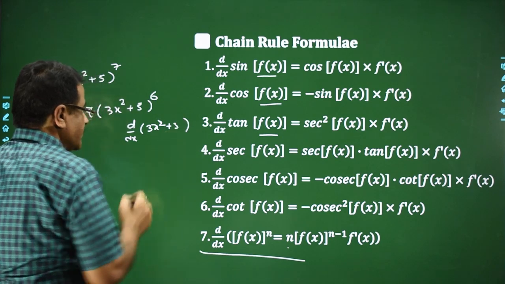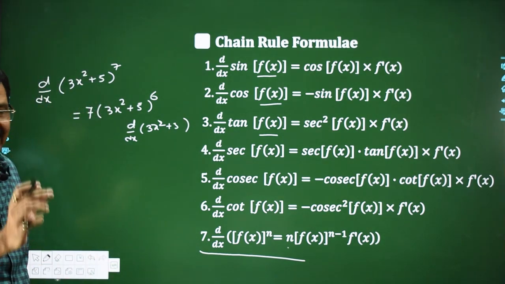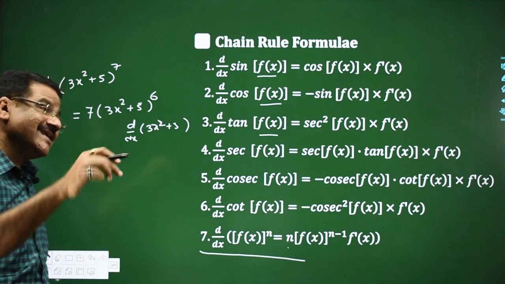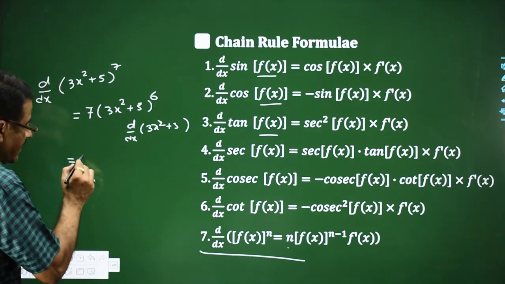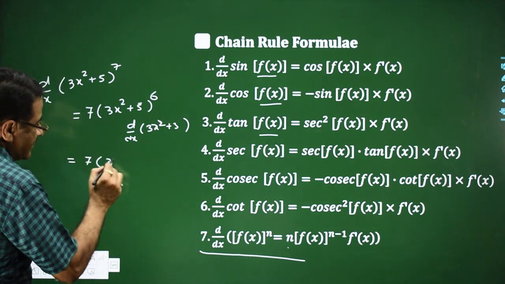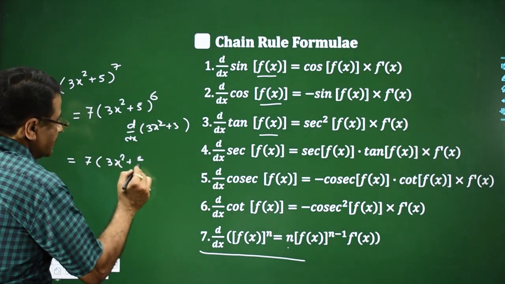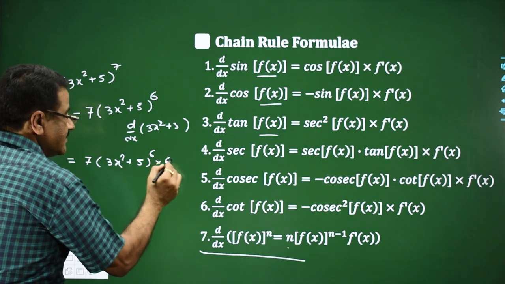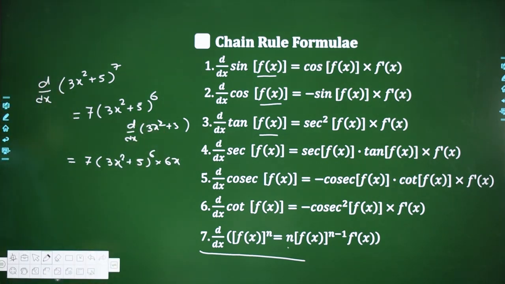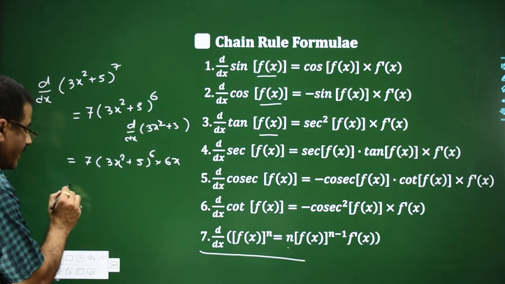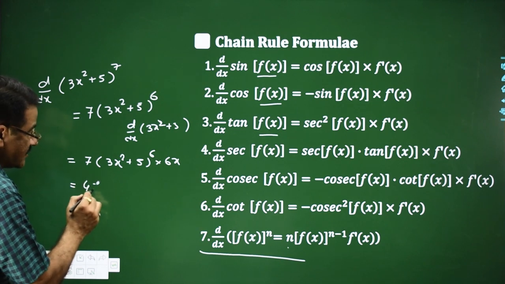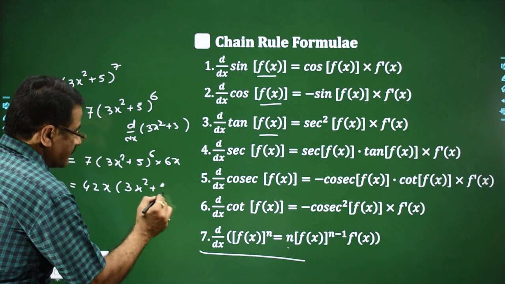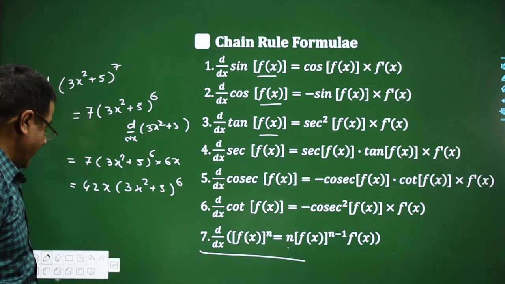In short, first of all we have to take the derivative of that complete bracket, and then the derivative of the term which is inside the bracket. This is the best example to understand the concept of chain rule. Now, the derivative of 3x square is 6x, the derivative of 5 is 0, no need to write it down, and ultimately the final answer is 42x into (3x square plus 5) bracket raised to 6.